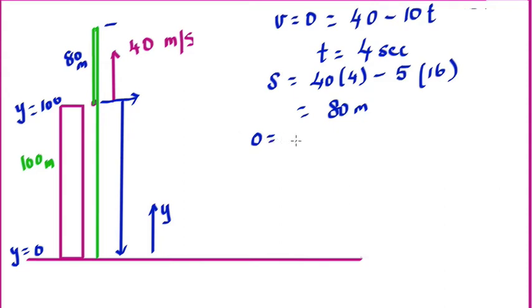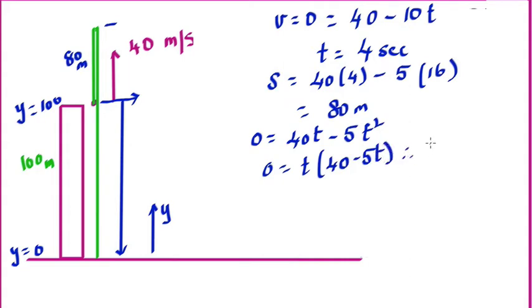So S is equal to ut plus half a t squared. This gives me 0 is equal to, I take t outside, t times (40 minus 5t). Therefore, the time t has two values, 0 and 8 seconds.